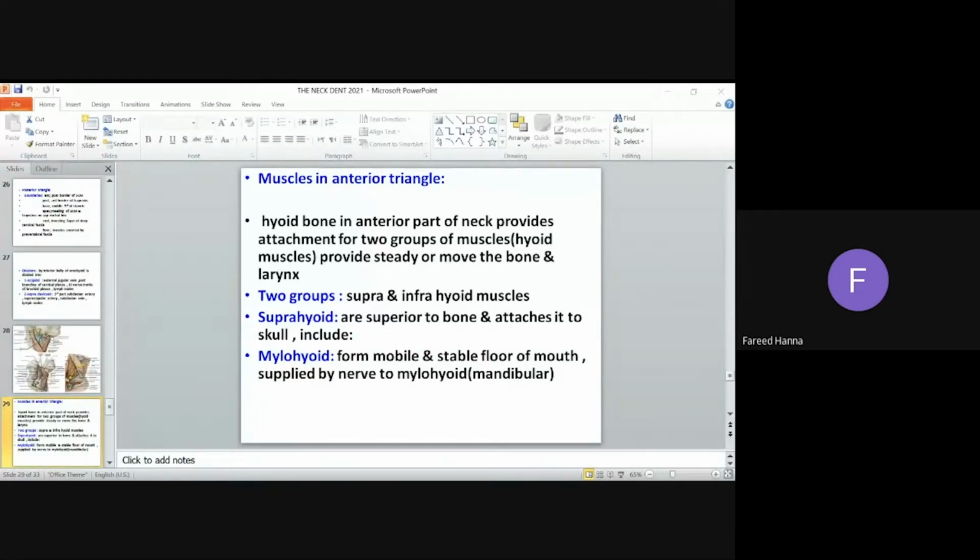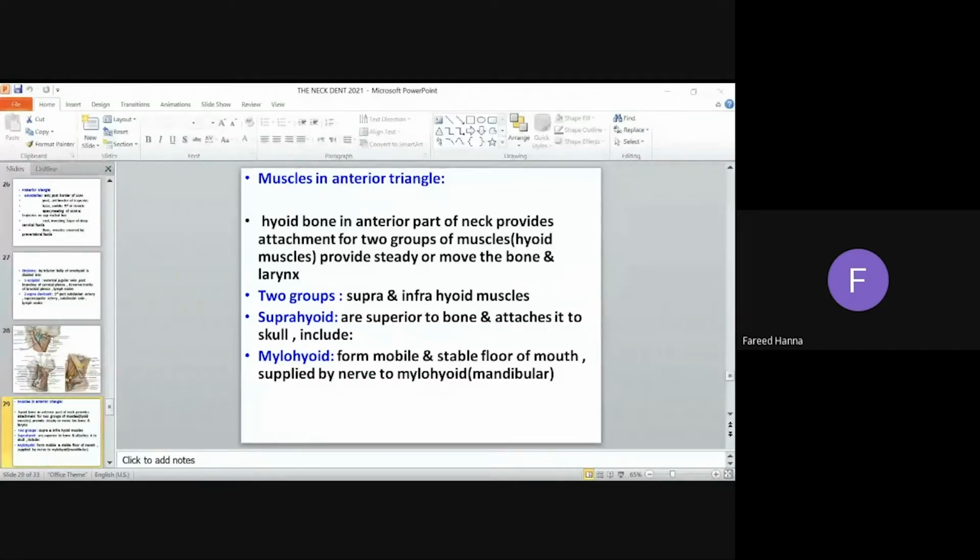You can move it. This is the only bone in the body which has no bony attachment. It doesn't form any joint with any other bone, but muscles are attached to it and it lies freely in the anterior aspect of the neck.